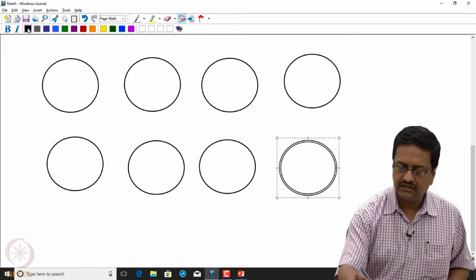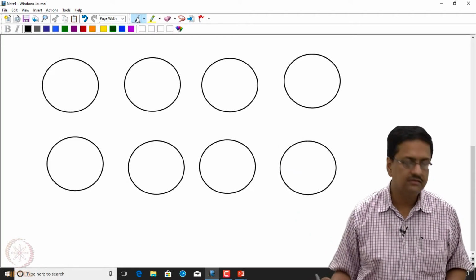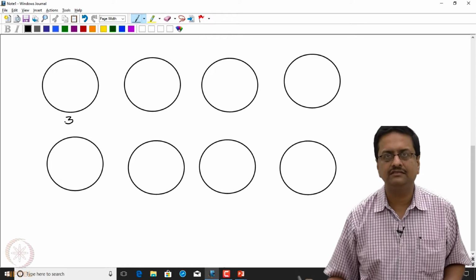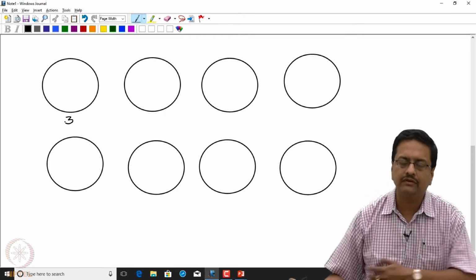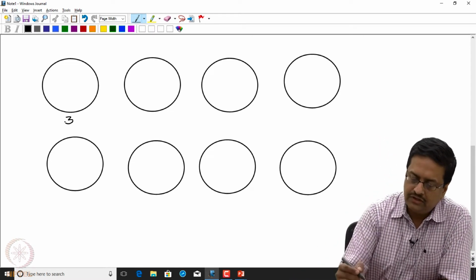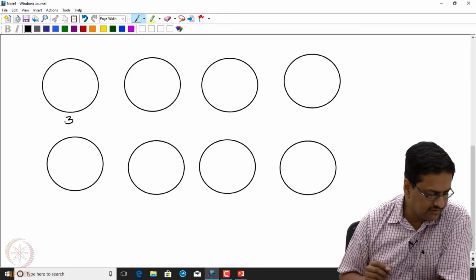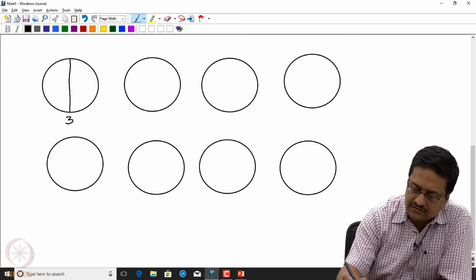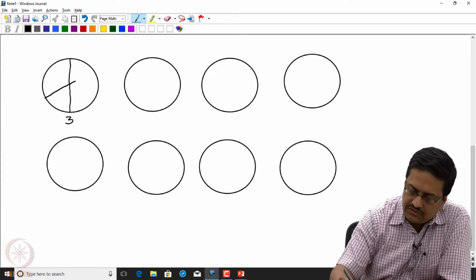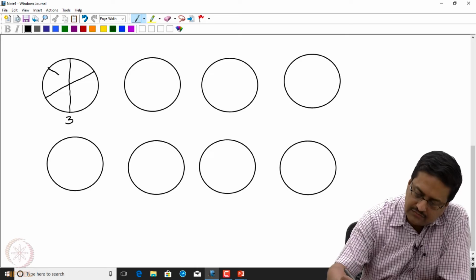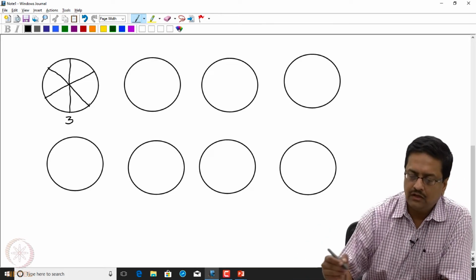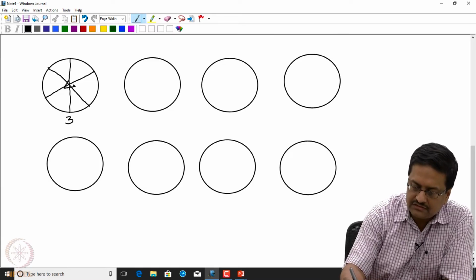So now let us start with simple 3. What is a threefold axis? It gives you a 120-degree rotation. So whenever we try to draw 3 or 6, we should divide the circle in 6 parts. That means we draw 3 lines like this. We have the threefold axis in the middle.